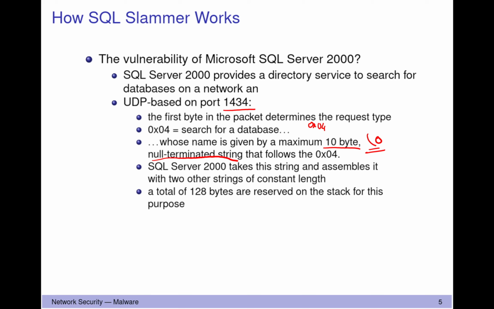Then it takes the string, assembles it with 2 other strings of constant length, and a total of 128 bytes is reserved on the stack for this purpose. I hope you get it.